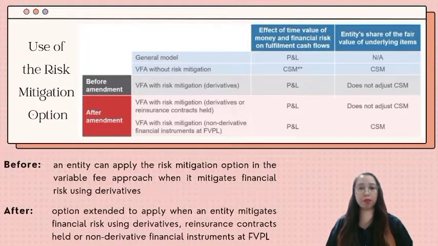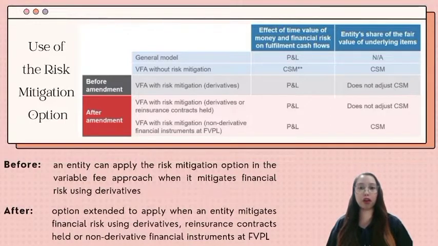So before the amendment po, ina-apply lang po daw po yung risk mitigation option kapag gumagamit po ng derivative si entity para po ma-mitigate yung financial risk. Yung amendment po na to, in-extend po niya yung risk mitigation option para po pwede din po itong magamit kapag reinsurance contracts held or non-derivative financial instruments measured at fair value through profit or loss yung gamit ni entity sa pag-mitigate po ng kanilang financial risk.